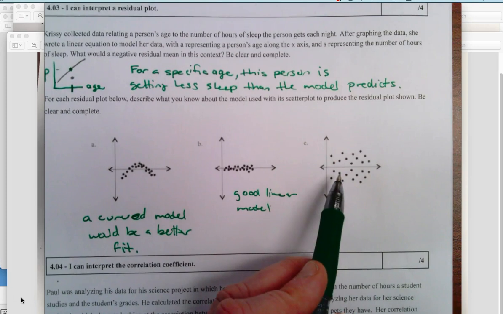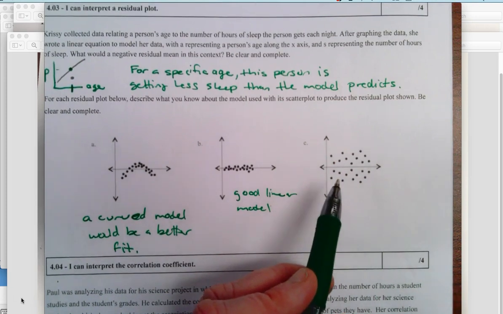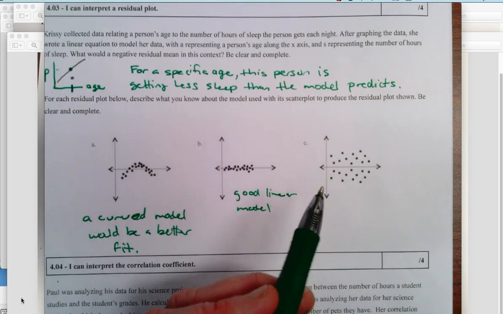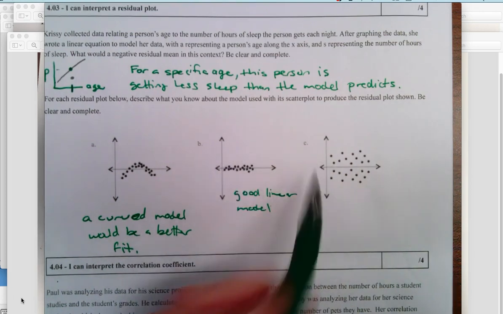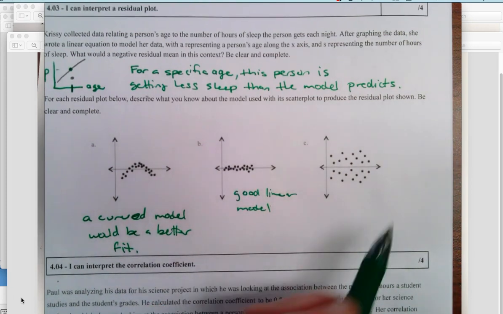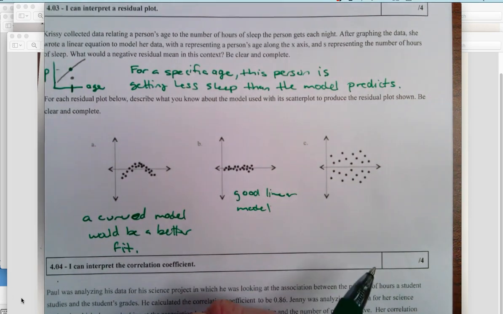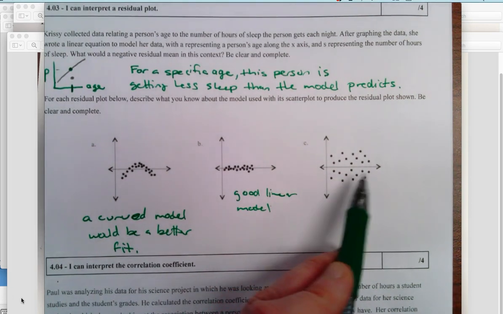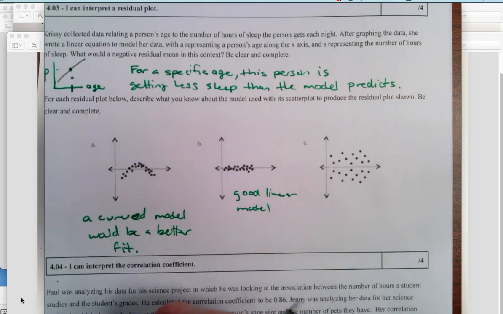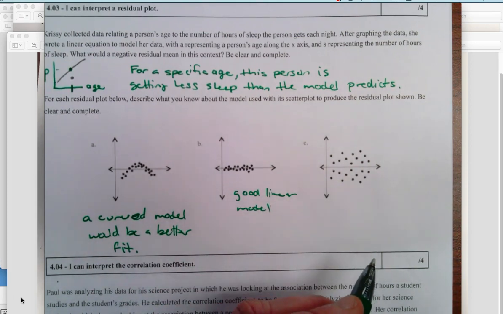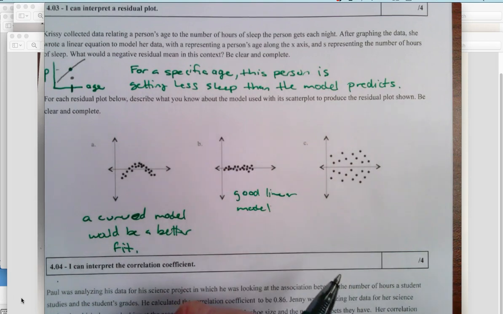And here, I really can't make a decision. I mean, if I assume that these have the same scale along the y-axis, I guess I could say that it seems to be a linear model, but there is lots of spread and variability in the data, but I would probably never give you a problem like this on an assessment with no scale.